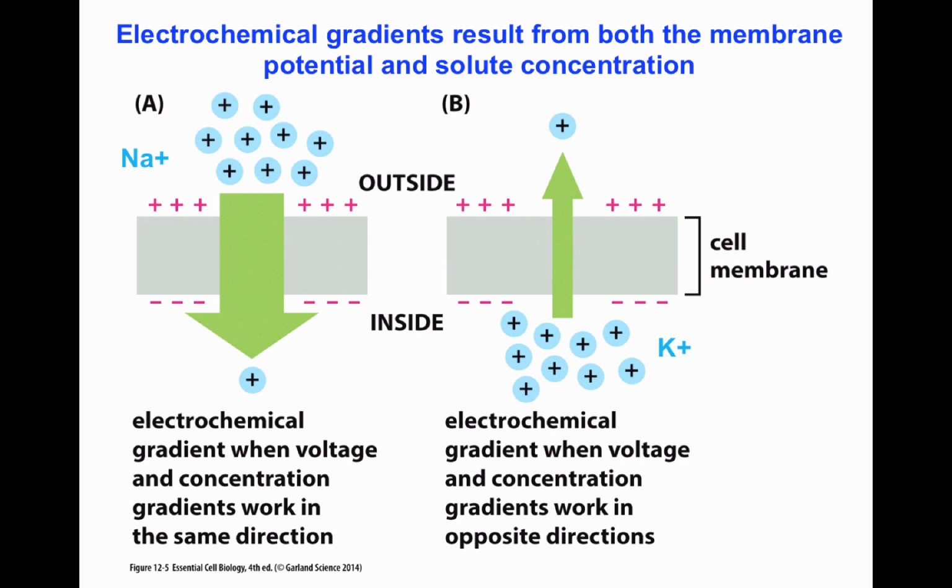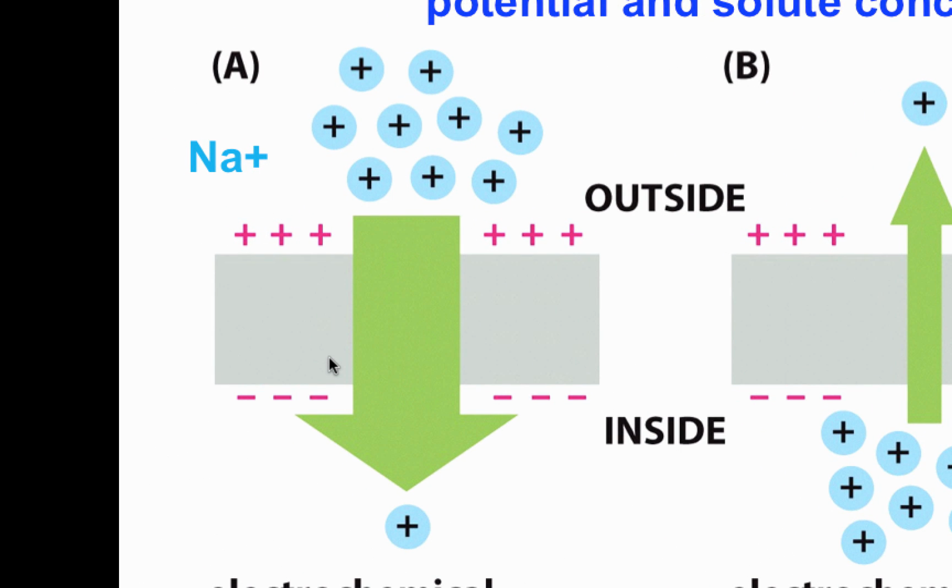The electrochemical gradient is the result of two factors. As you can see here in A, one factor is the solute concentration gradient across the membrane. In the case of sodium in A, sodium is a lot more concentrated on the outside, so the concentration of sodium is greater outside of the cell than inside.